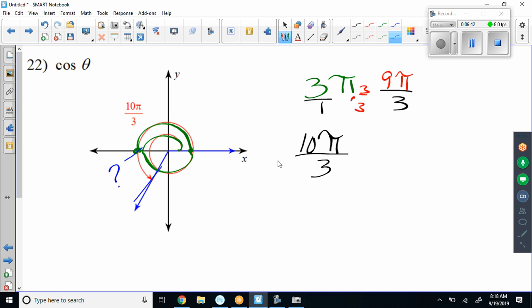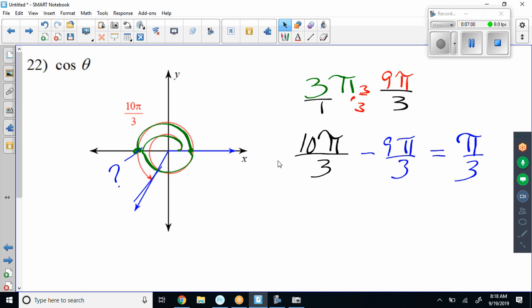How much is it from that x-axis down to here? Well, what about 10 pi over 3 minus who? What do you get? 1 pi over 3, or just pi over what? Right?